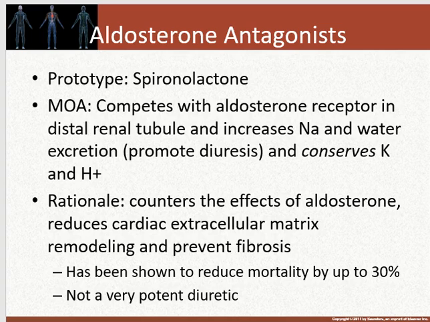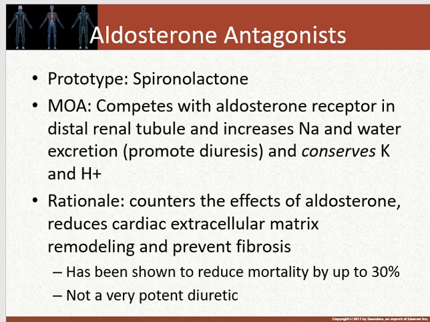So the prototype, as we said before, is spironolactone, and it's going to compete with that aldosterone receptor. This is at the cell of the distal renal tubule, okay? And so now we're going to see an increase in sodium and water excretion, and that's also going to promote diuresis. We're also going to see a conservation of potassium as well as protons.